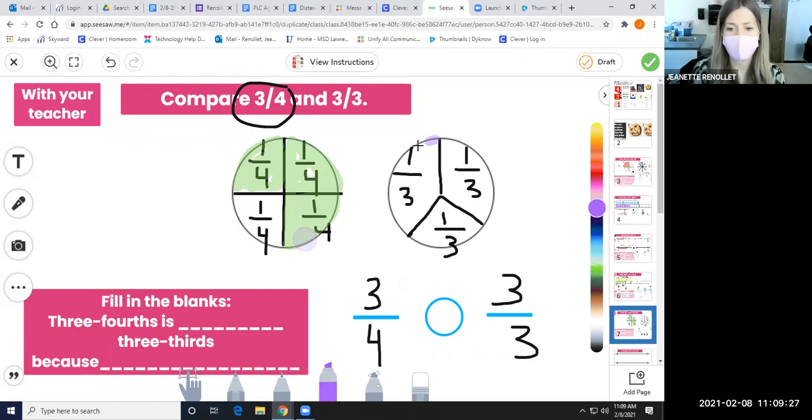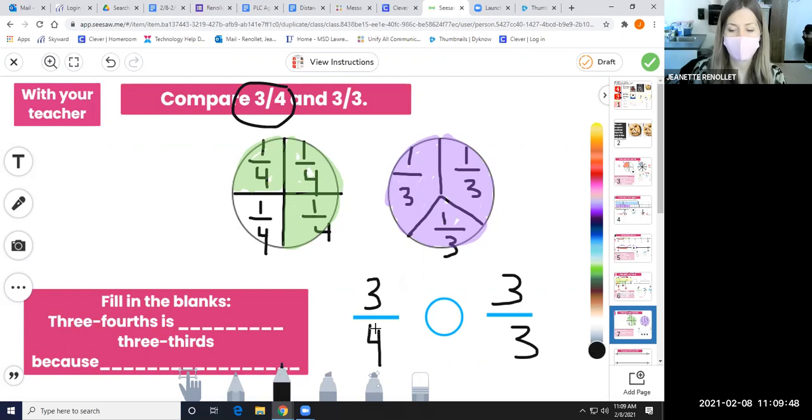On the right, you should have shaded 1/3, 2 1/3, 3 1/3. Oh my goodness, we know that that's the same thing as 1 whole, which is why all of it is shaded in.